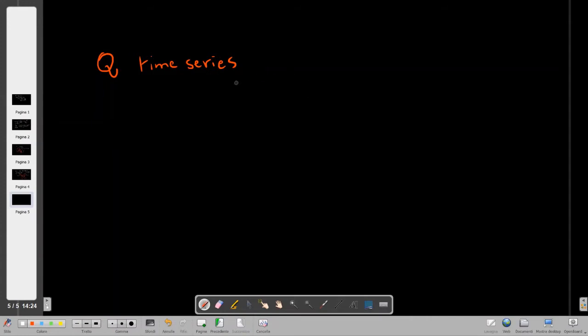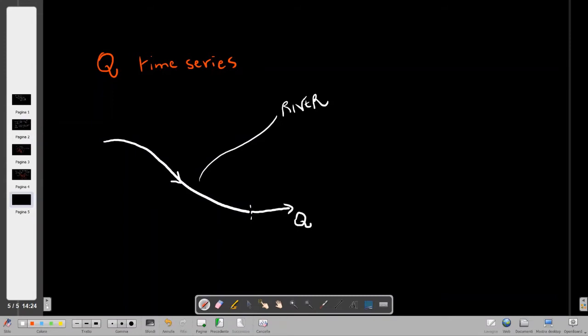Indeed, from a physical point of view, for the water discharge, let's try to depict a river. So this is a river. Why, if we take into account a section of the river, do we have a water discharge flowing through this section?